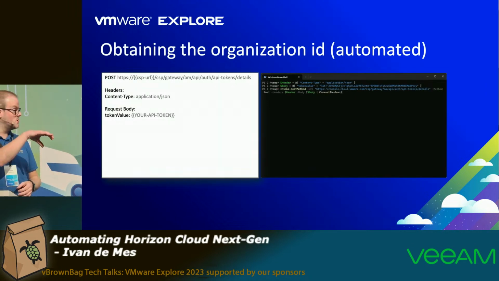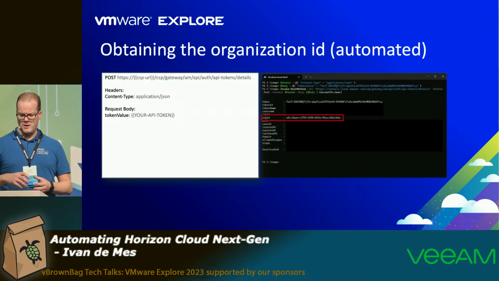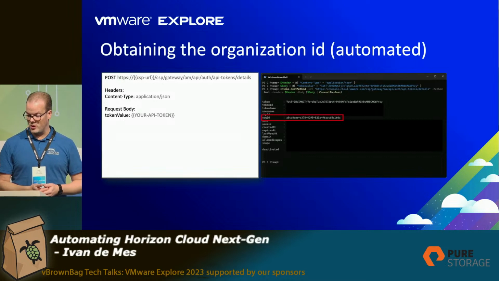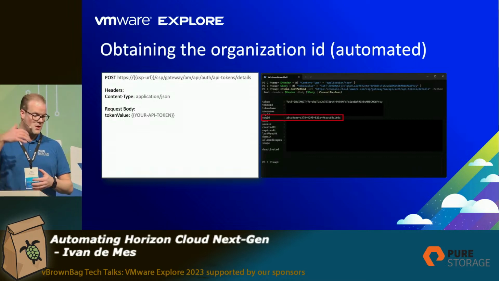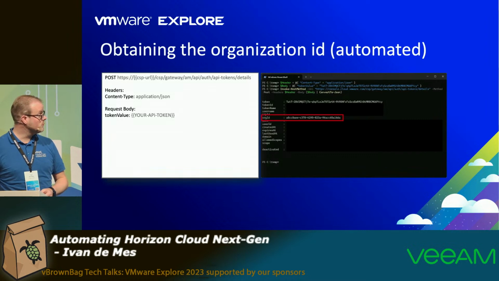This action specifically needs an API token. And once we have done the request to the API, you will see that you can get the organization ID there as well. So for every request for which you need an organization ID, you can get it using this API call.